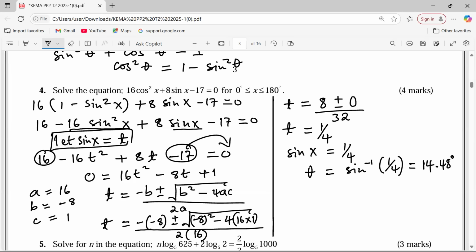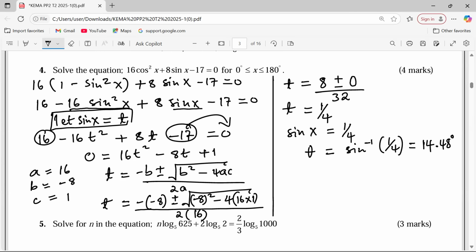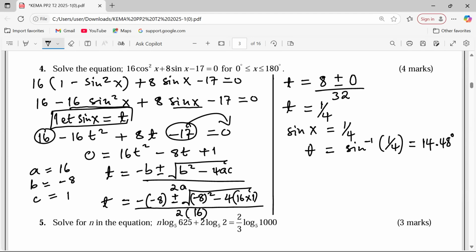So now we are working with an acute angle of 14.48, but the specific values of X can be numerous depending on the range. Because sin x is a positive value, a quarter was positive, then the values of x are supposed to be 14.48 degrees. And we proceed.